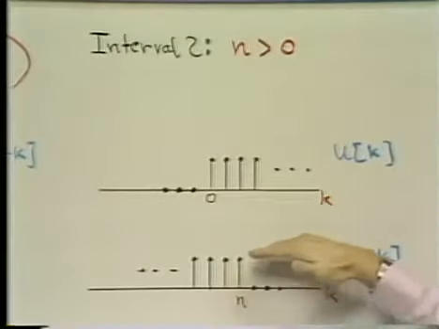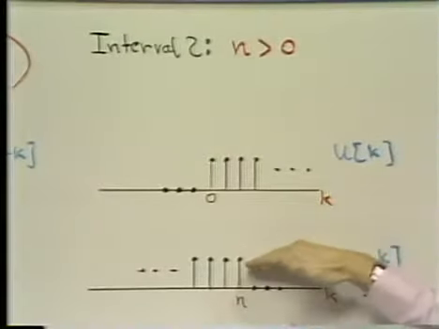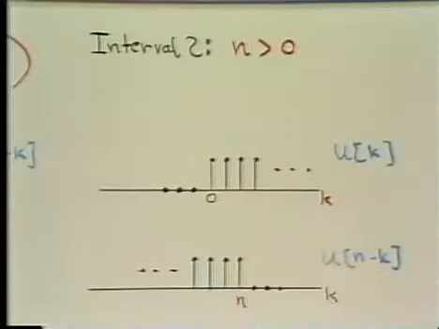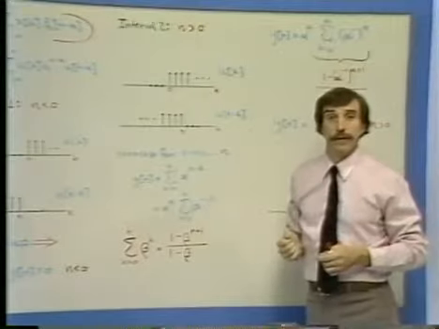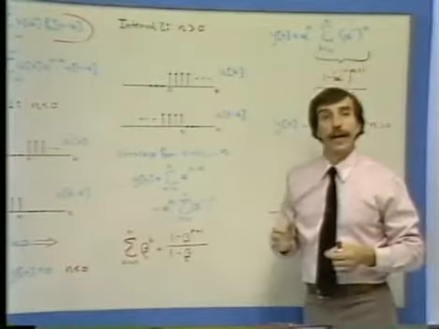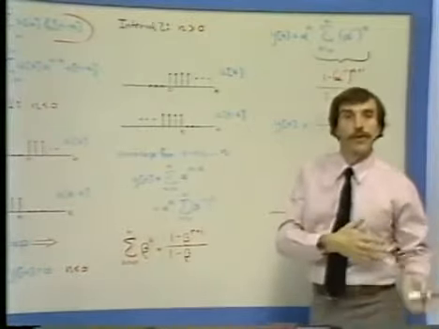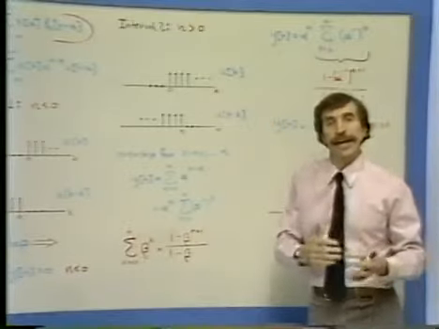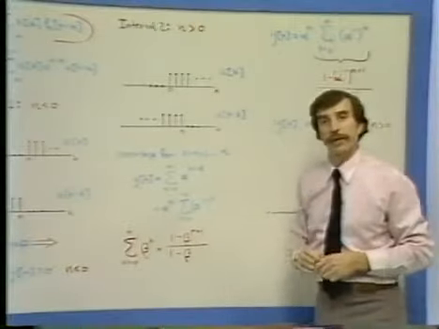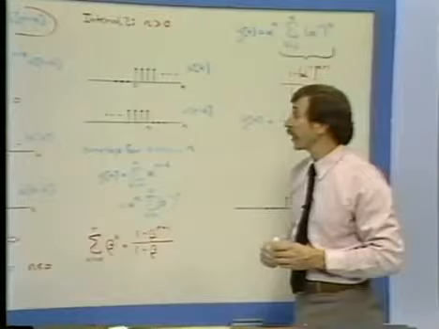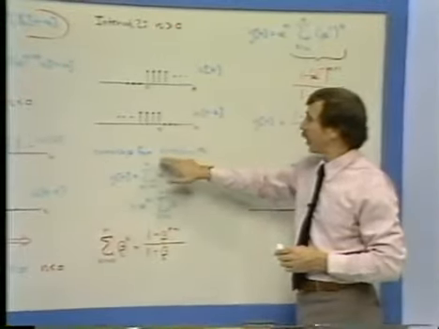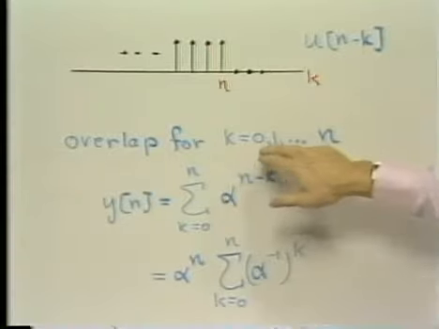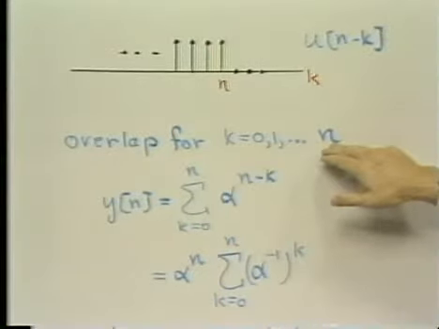If we think about multiplying these two together, we will get in the product unity for what values of k? Well, for k starting at 0 corresponding to one of the unit steps and ending at n corresponding to the other unit step. So we have an overlap between these for k equal to 0, etc., up through the value n.